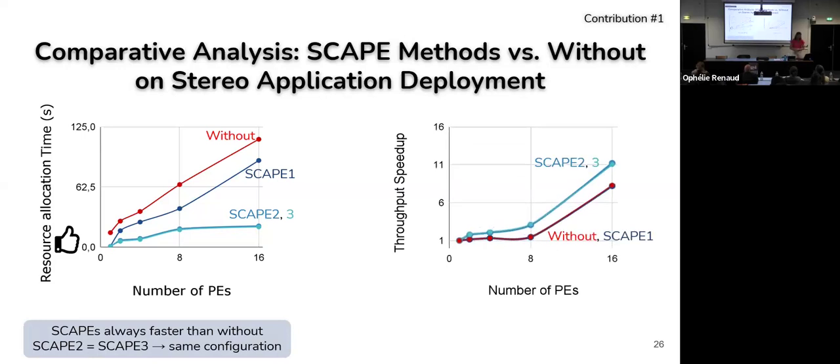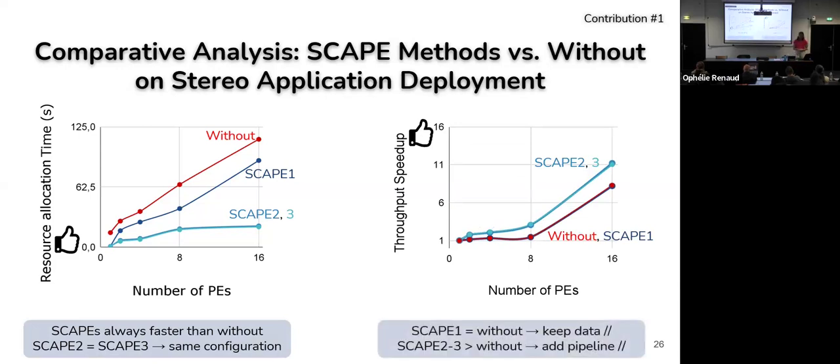And here for the performance, the axis represents the throughput speedup according to the number of processing elements, and the higher the better. We can see that the without-clustering and Scape 1 curves overlap because we preserve parallelism. And Scape 2 and 3 improve performance since we add pipeline on sequential paths.